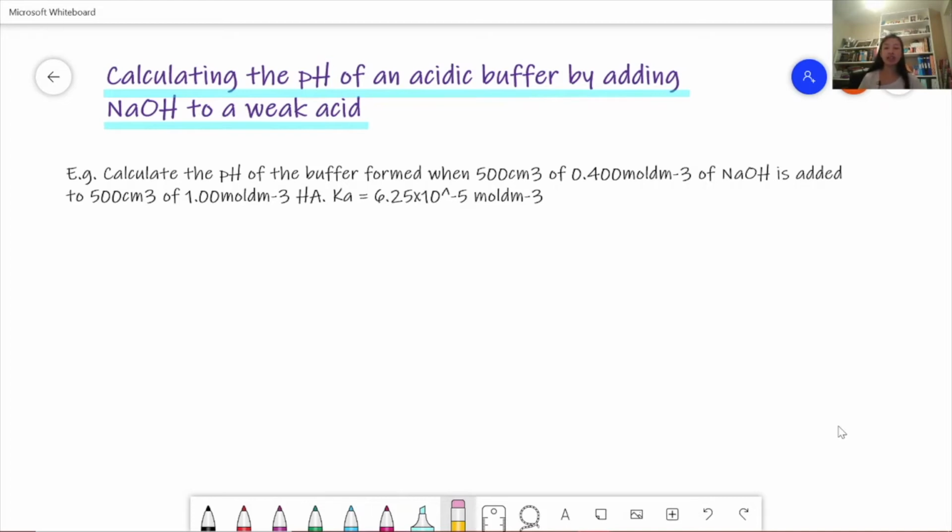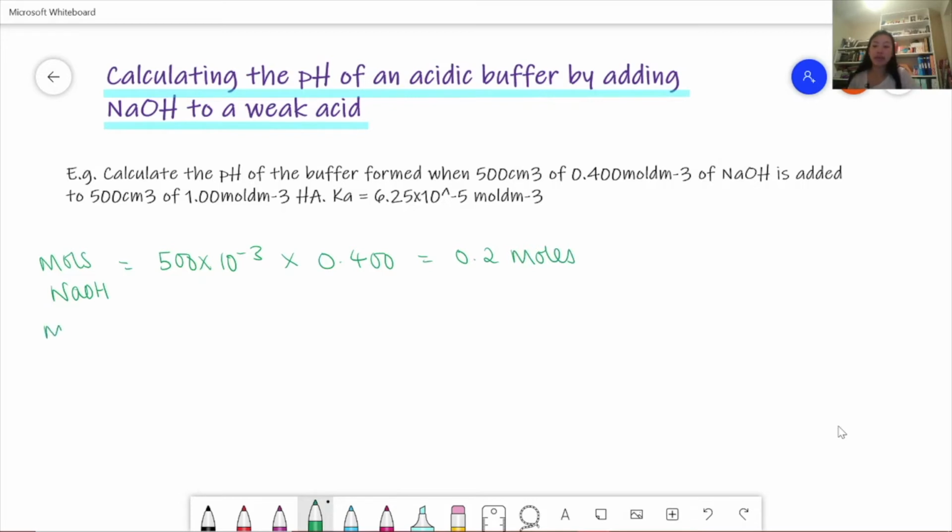The first thing I'm going to do is find the moles of sodium hydroxide we have and the moles of the weak acid HA that we have. I'm going to use the equation moles equals concentration times the volume. So the moles of sodium hydroxide is equal to 500 times 10 to the minus 3, because we need to convert the centimeters cubed to decimeters cubed, multiplied by 0.400, and that gives us 0.2 moles.